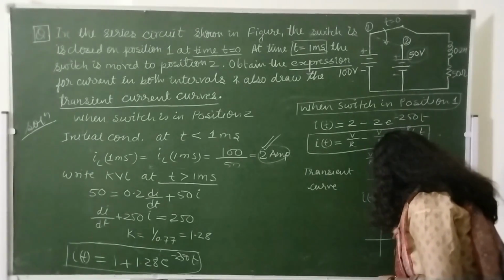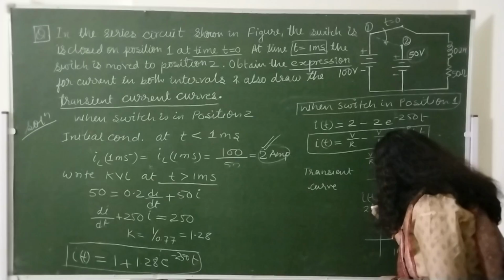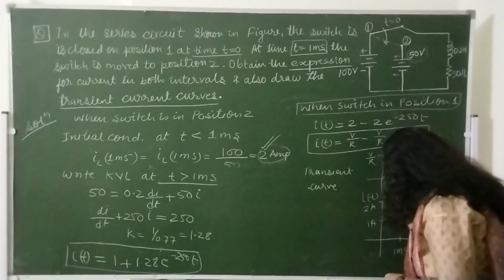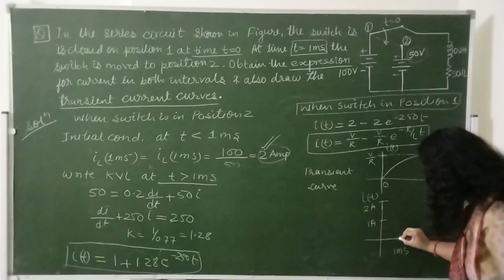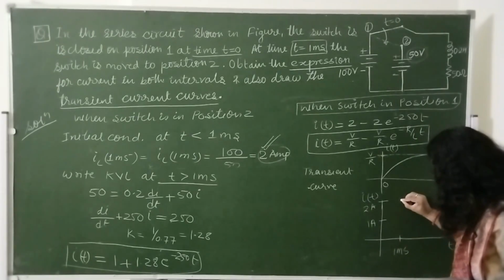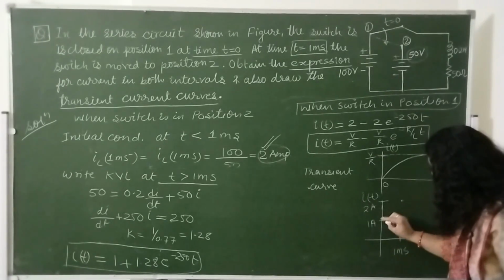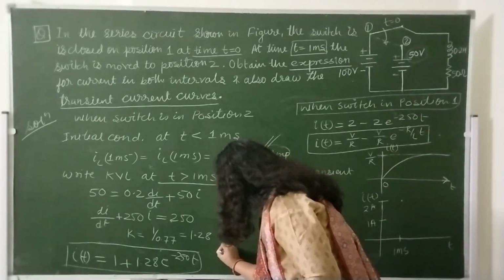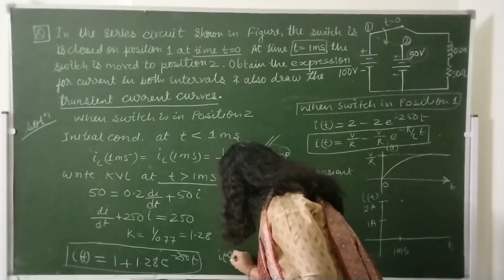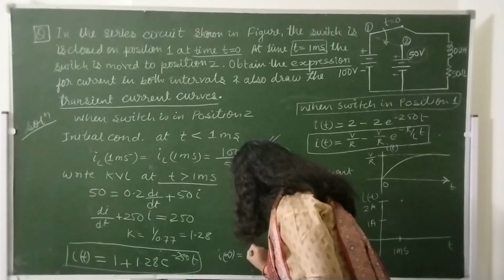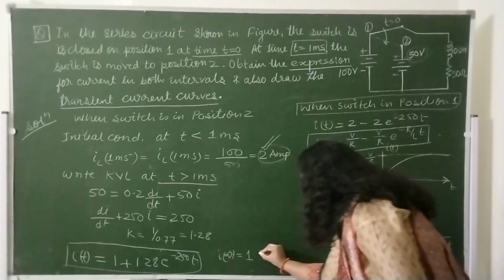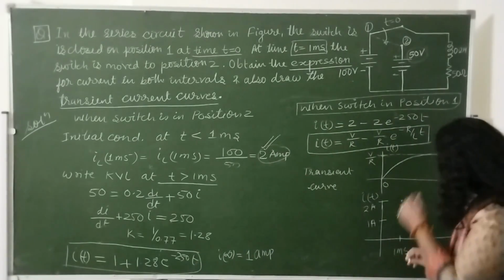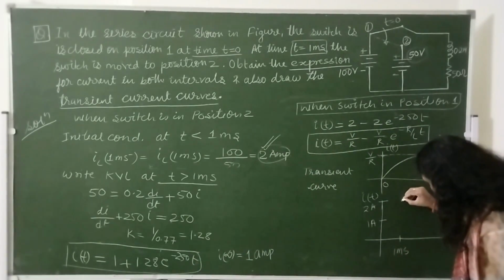One is 2 amperes and another is 1 ampere. So our curve gives the value 2 amperes at 1 millisecond, and this 1 ampere current would be flowing when t is infinity, or you can say at steady state. Put t equal to infinity here. So our curve will be like this.